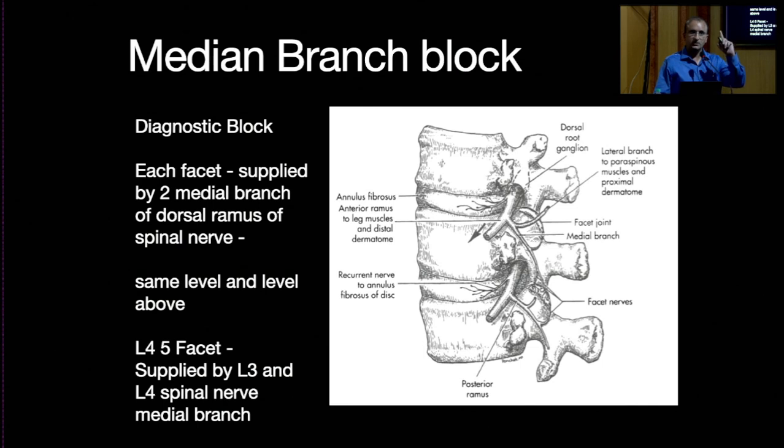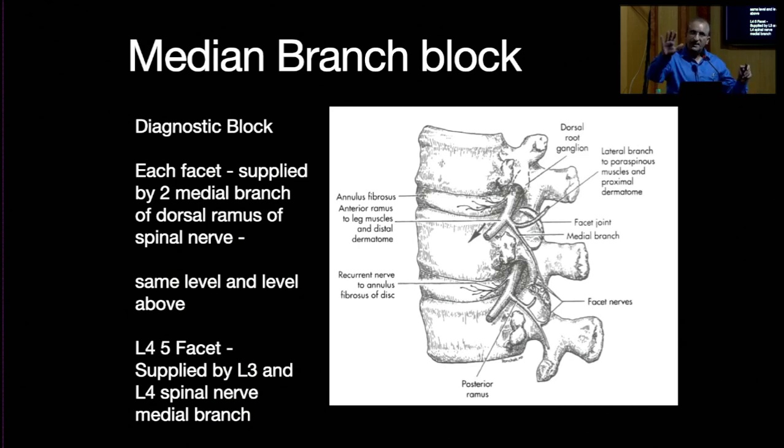Medial branch block, just one comment. So for say L4-5 facet joint, the supply is coming from one, the L4 ramus, and the other is coming from the L3 ramus.